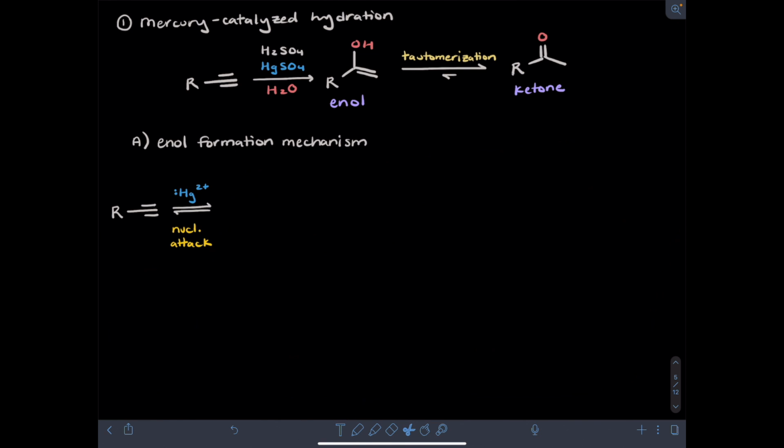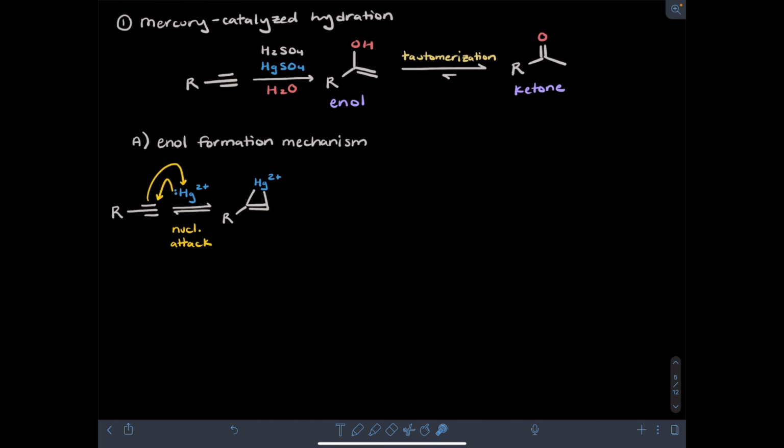It's sort of a double nucleophilic attack, and it forms a three-membered ring. I'll have two curved arrows, one curved arrow from the pi bond to mercury, and another curved arrow from the mercury lone pair to one of the carbons of the alkyne.